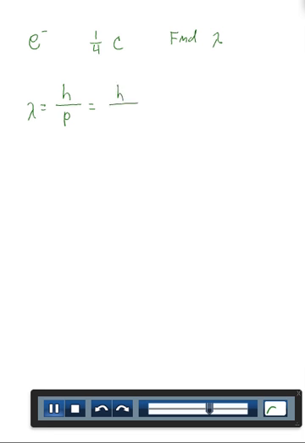So that's h over the momentum, which is mass times speed. So our speed is 1/4 the speed of light. So this will give us 4h over the mass times the speed of light.